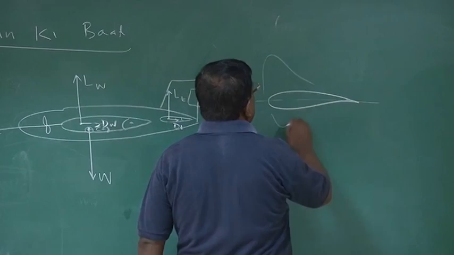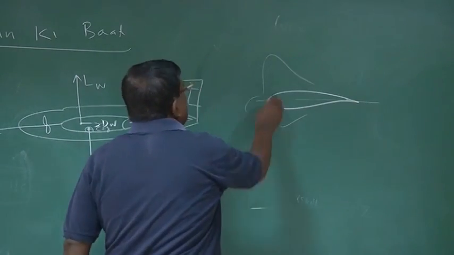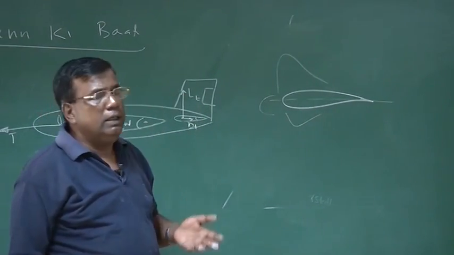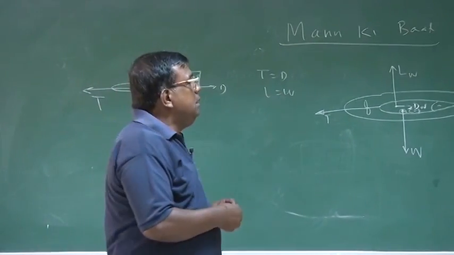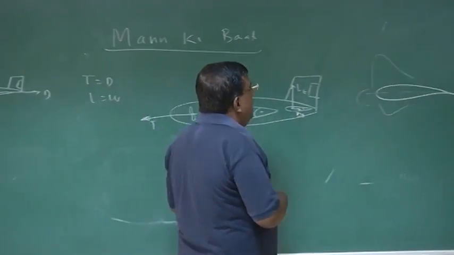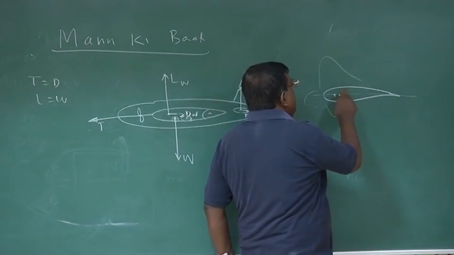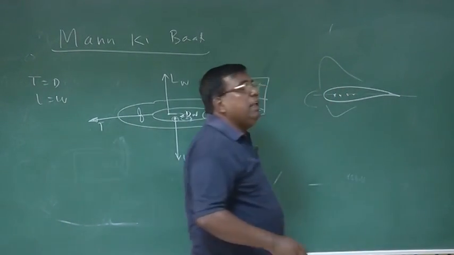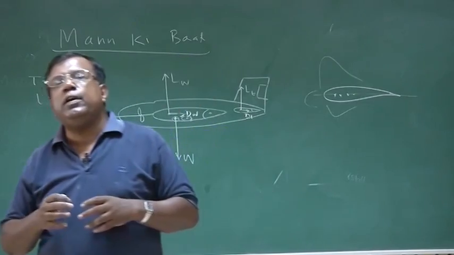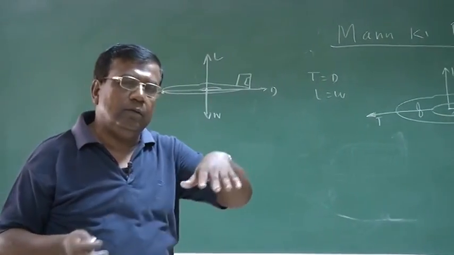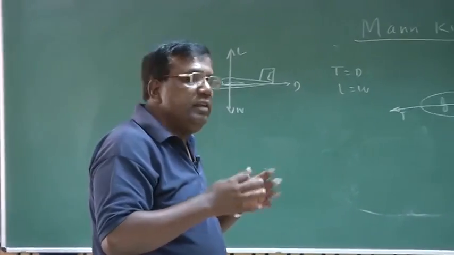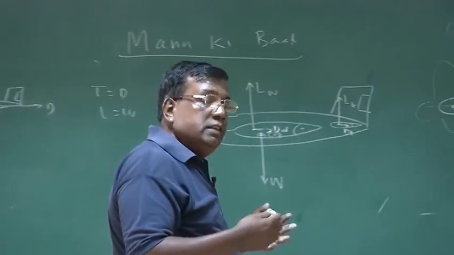Because of the pressure differences, there is a lift, and we talk in terms of CL. If you take different points, this net force will generate different moments, isn't it? Nose up, nose down, whatever it is, depending upon where the resultant is and where the CG is.